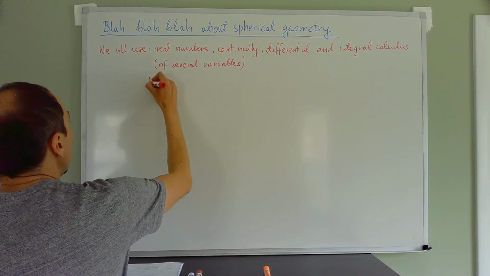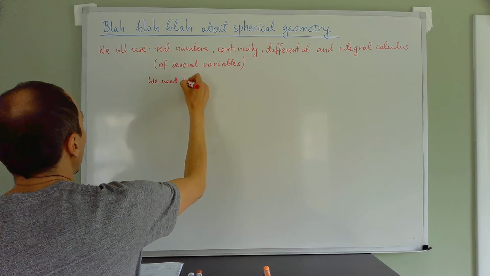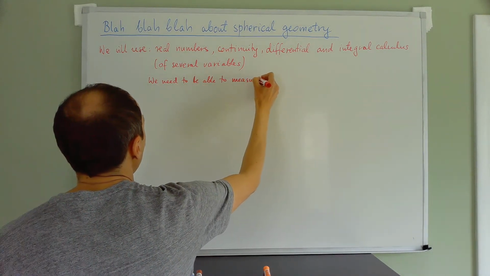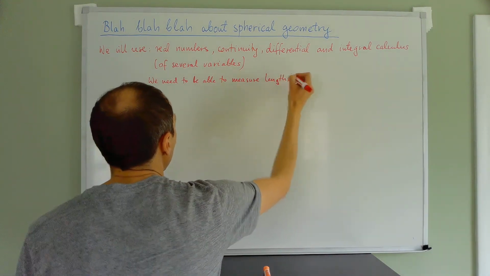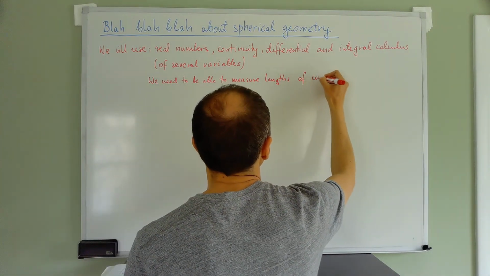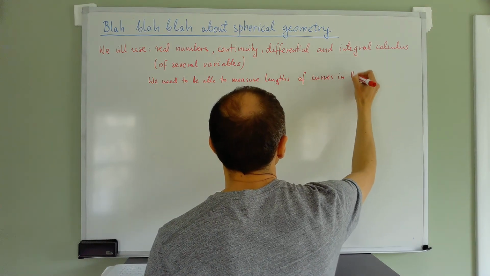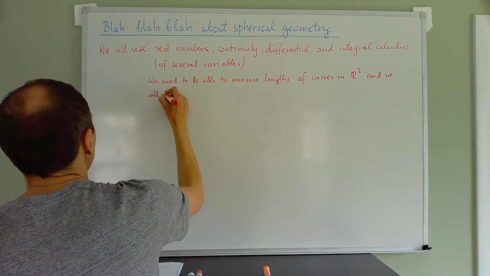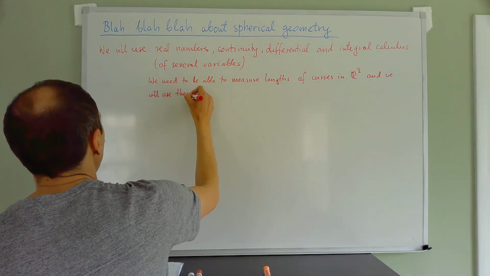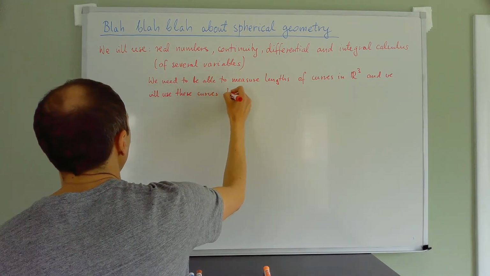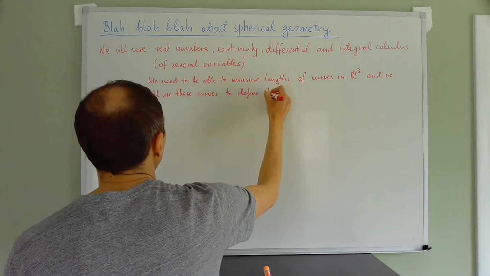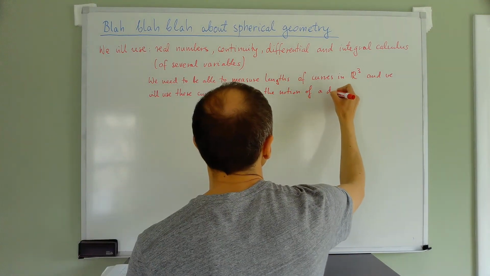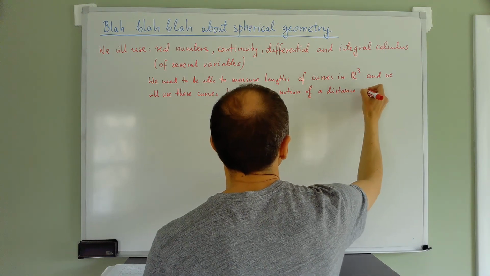So we need to be able to measure lengths of curves in R3, and we will use these curves to define the notion of a distance on a sphere.